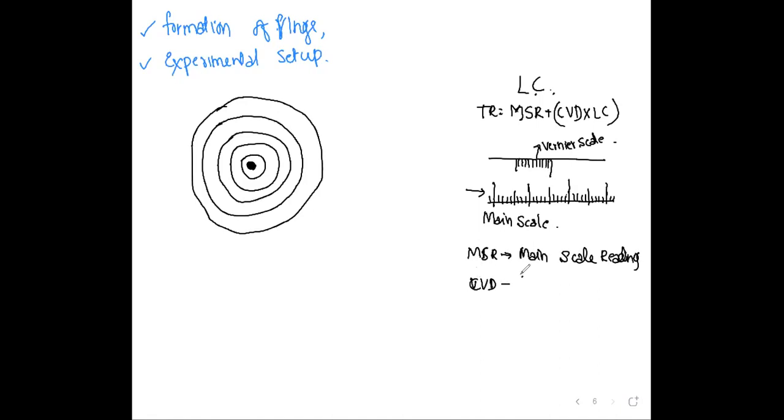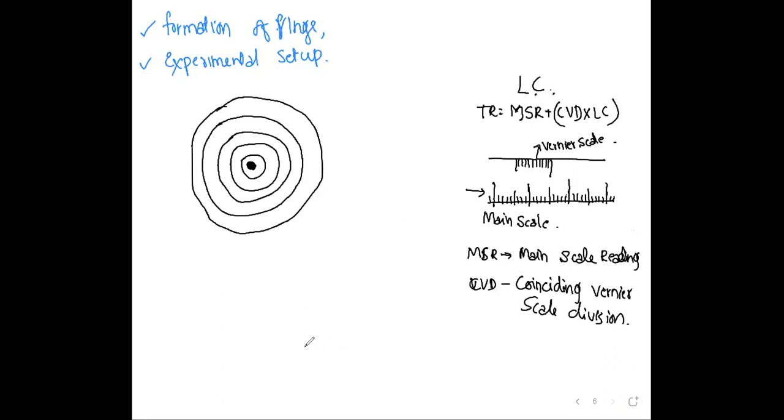CVD means coinciding vernier scale division. Okay, so then how to take MSR and CVD readings?